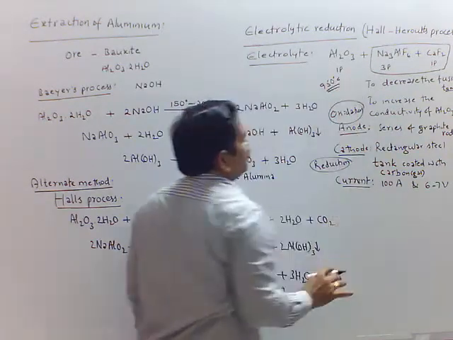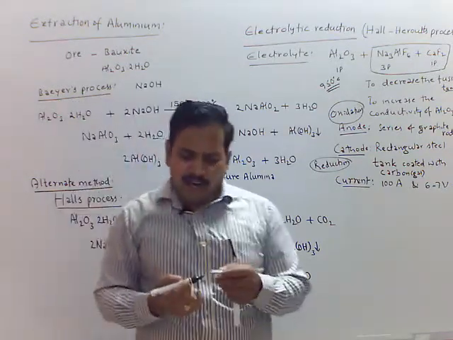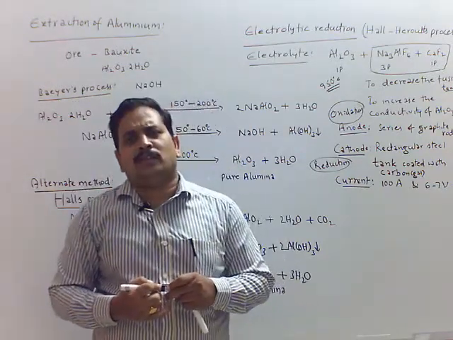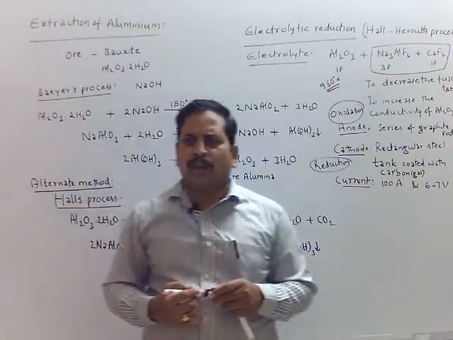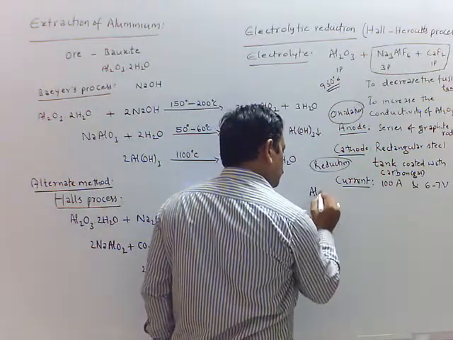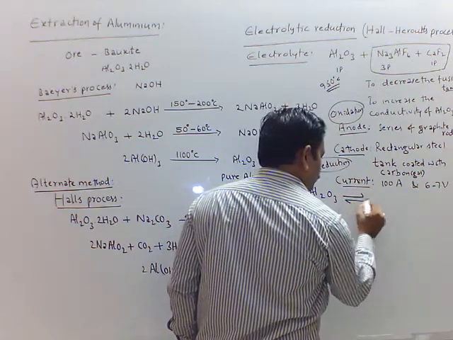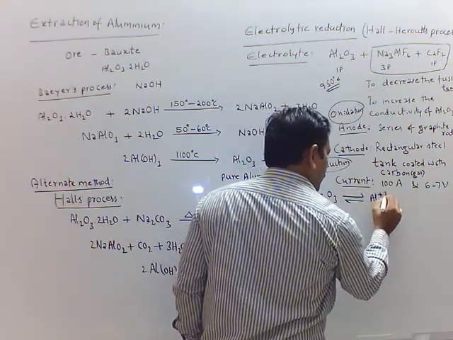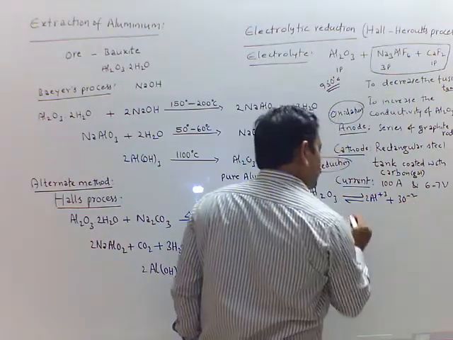At this temperature electrolysis is carried out. In this alumina we have two ions, Al3+ and O2-. Al2O3 is in equilibrium with 2Al3+ plus 3O2-.